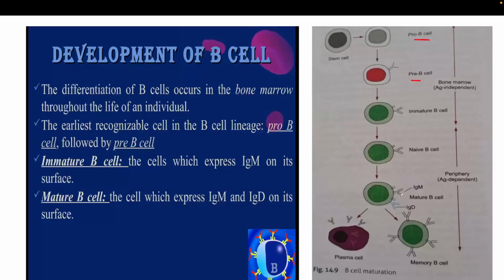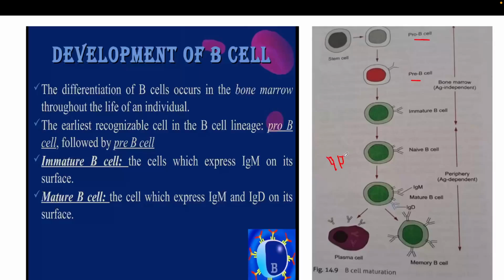Here the mature B cell will encounter the antigen, and accordingly, whatever signal it receives, it will divide on that basis, because on its surface it has the B cell receptor. As in earlier classes we have seen, in the antibody there are two types of chain, the heavy chain and the light chain, right? In that, the antigen binding domain is present, and this antigen binding domain is highly variable.